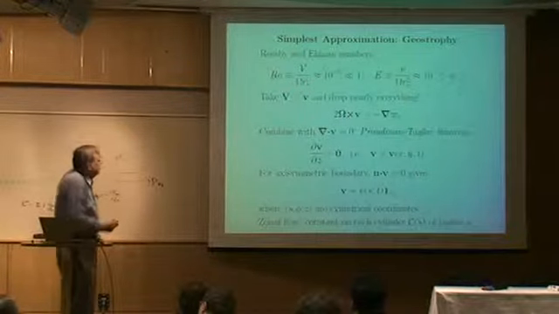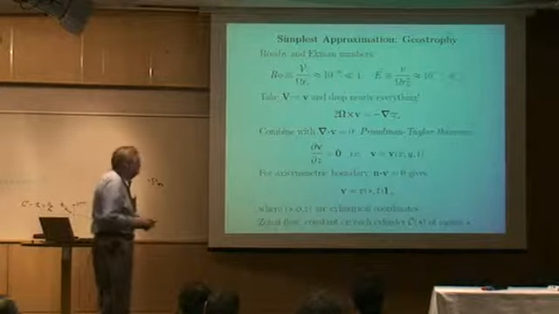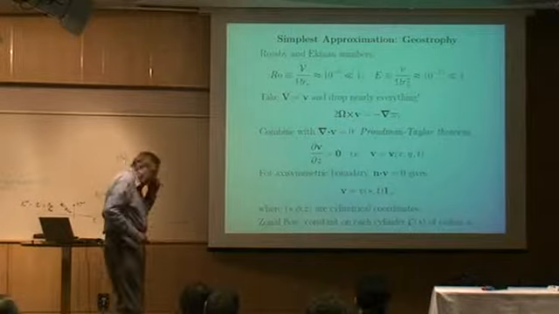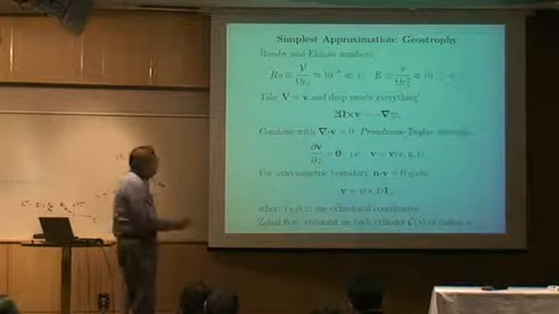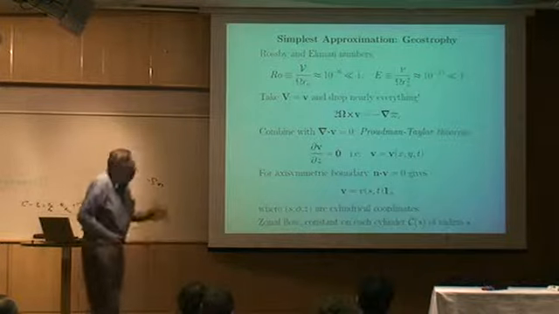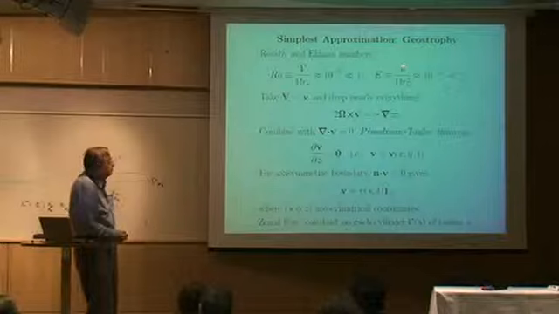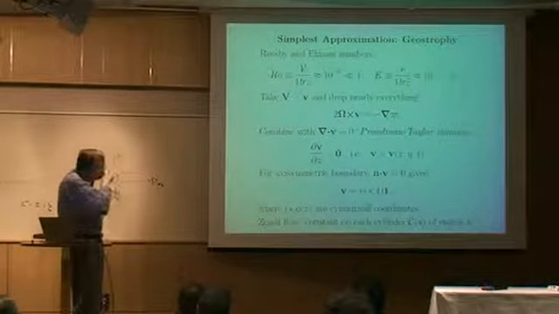And it's rather small for the scales of the radius of the Earth. And the Ekman number, which is based on a kinematic viscosity, not turbulent viscosity, is 10 to the minus 15. But people who estimate the turbulent viscosity still say this is about 10 to the minus 9. So this is really a rather small parameter.